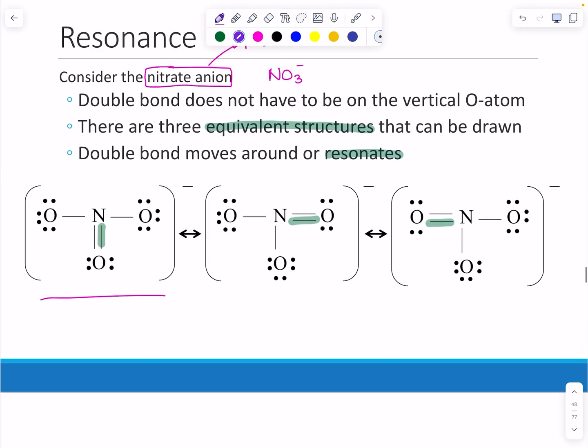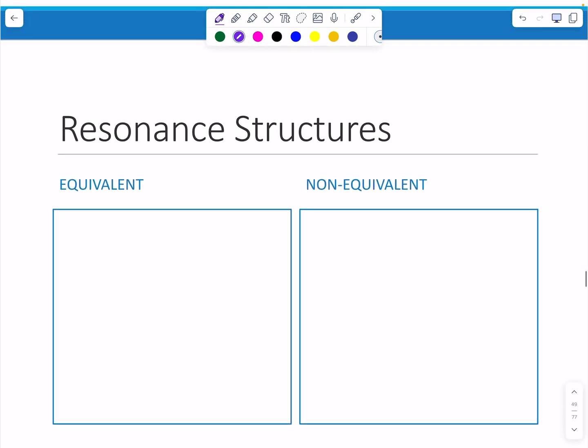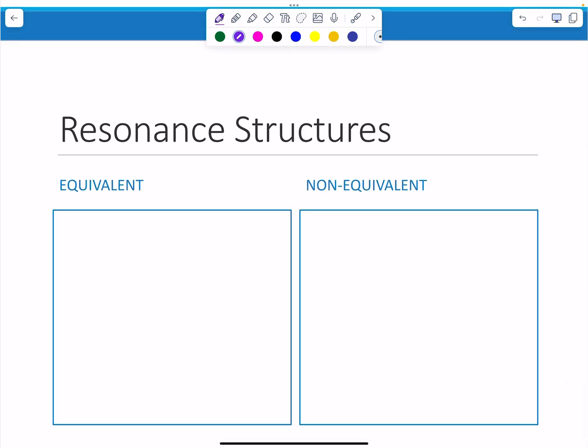You can't really distinguish these 3 things. If you turn the molecule around, it would look the same, right? Non-equivalent is when we have a lack of symmetry. The first example is O3, a molecule you've heard of before. It's called ozone. So let's look at the O3 resonance structures.